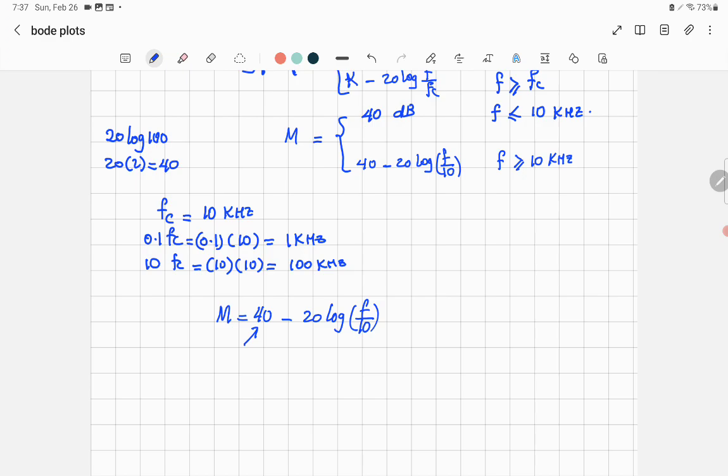So you can say the equation is like y equals mx plus c. You remember? This part is the y-intercept value, which is equal to 40. That's the constant value. And the slope here is negative 20. The slope is equal to negative 20 decibel per decade. What does it mean?